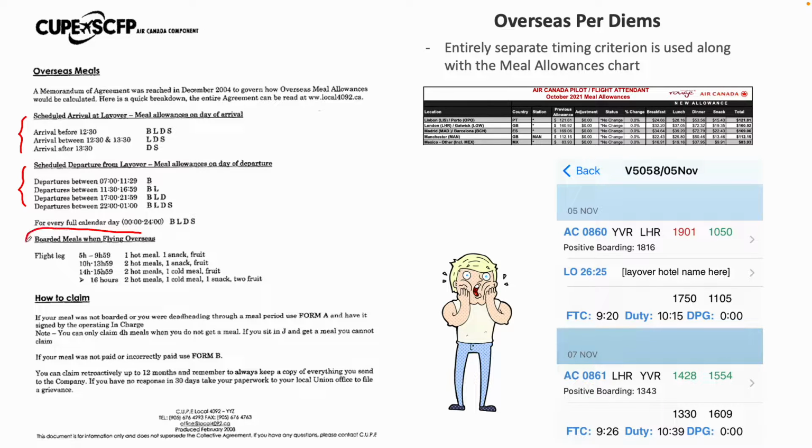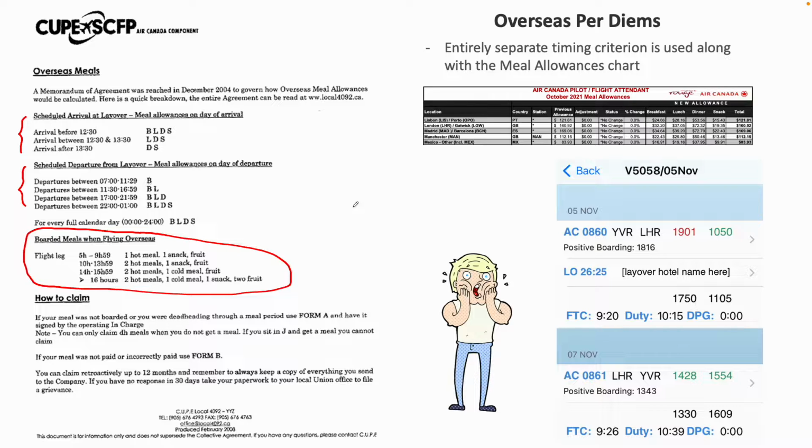We can see in this portion of the Mystery of Meals that the length of the flight indicates what sort of meals we have boarded for us when working overseas flights. Because these are boarded, we don't calculate our meal allowances the same way as we do any other.